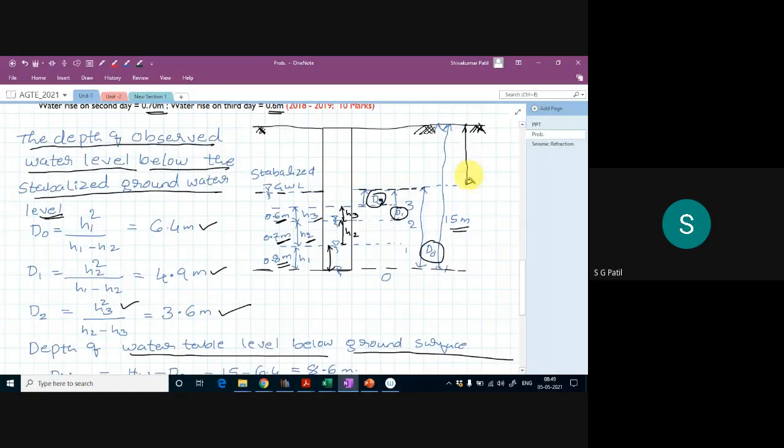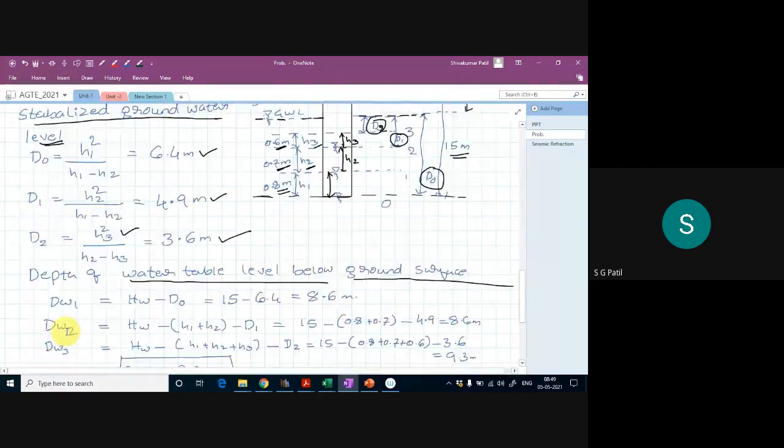Now I know D naught, I know the initial reading, that is H naught, HW. So this minus this will give me this much depth of water, that is the first observation, DW1.